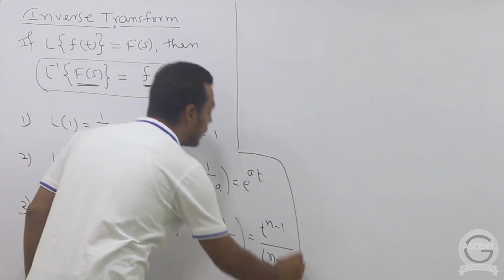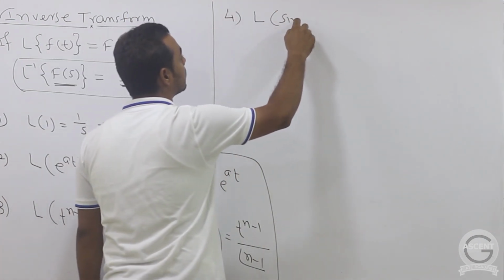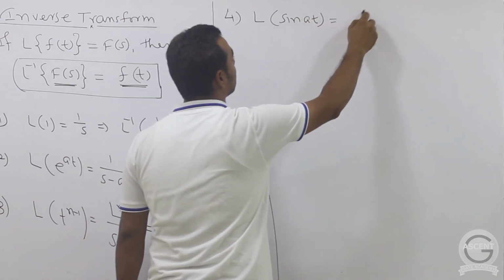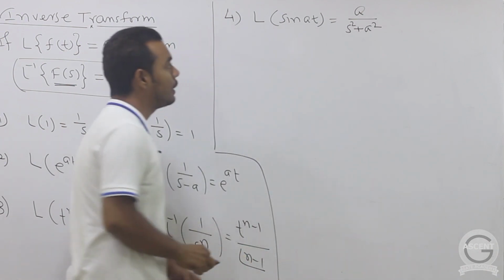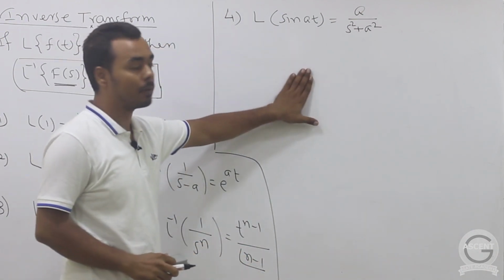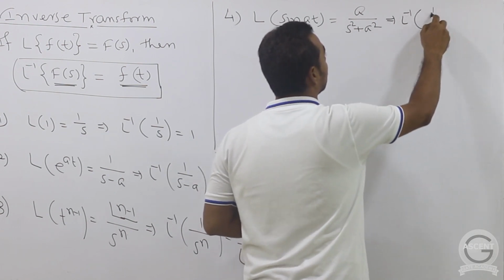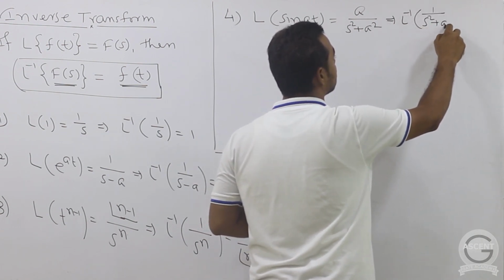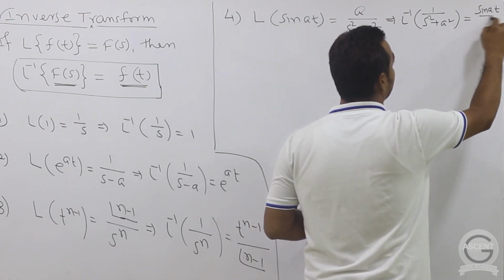Then the fourth one is, we all know that Laplace transform of sin(at) was a/(s^2+a^2). So this means inverse transform of 1/(s^2+a^2) should be sin(at)/a.